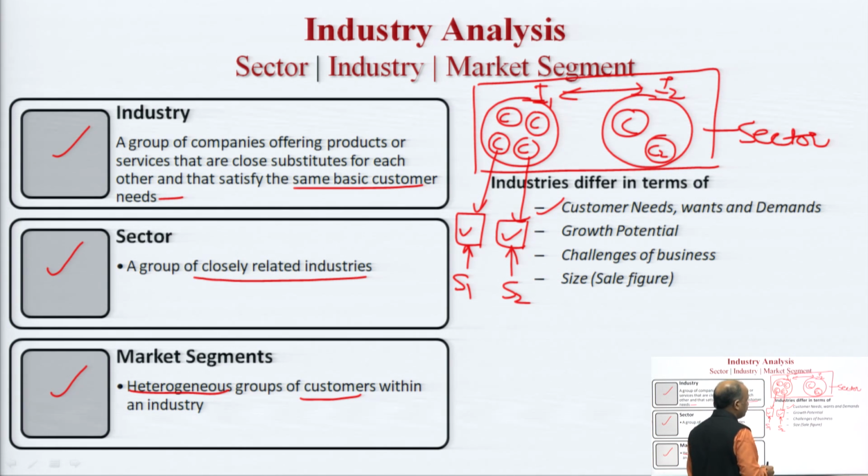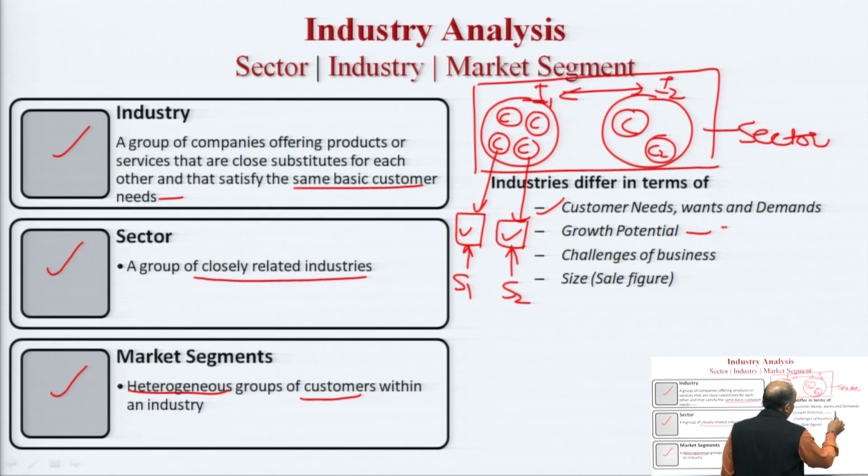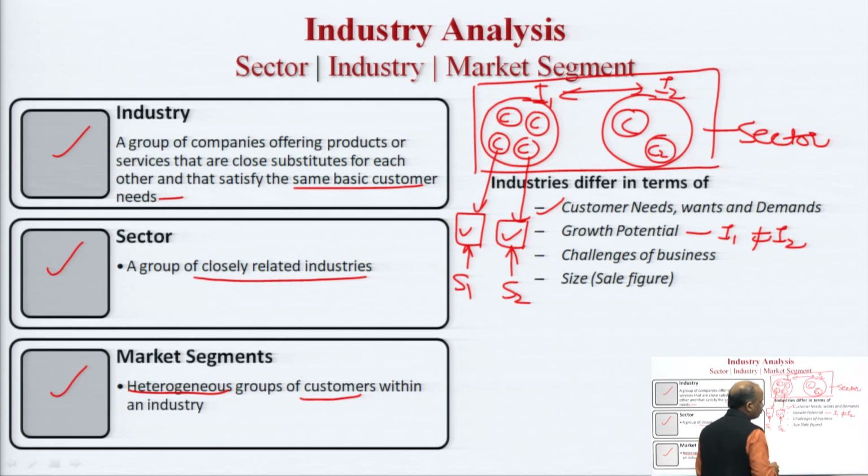Similarly, the growth potential existing in industry 1 may not be equal in industry 2. So growth potential can be different. Similarly, the nature of challenges the companies in industry 1 are facing may not be equally strong as the challenges that companies of industry 2 may face.